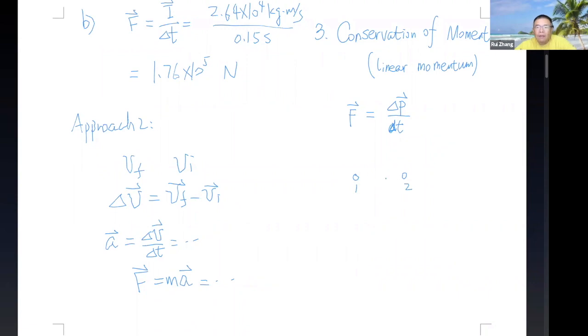Let's say object 2 exerts a force on object 1. For the sake of definiteness, I'll just write the force going this way. I'll call it 2, 1. So this is the force given by object 2 to object 1, F21. According to Newton's third law, there's going to be another force, a reaction from object 1 on object 2, F12.